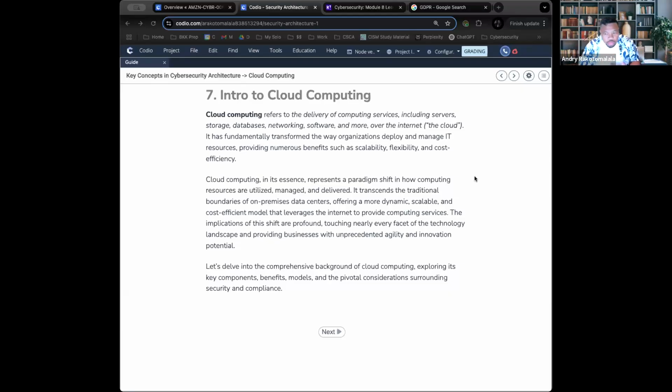Why is this important? Well, for one, it's flexible and it's scalable. These companies, AWS, Azure, and GCP, that stands for Google Cloud Platform, all of them specialize in storing and processing your data. You might be asking, why do I need to process data? What does processing data mean?